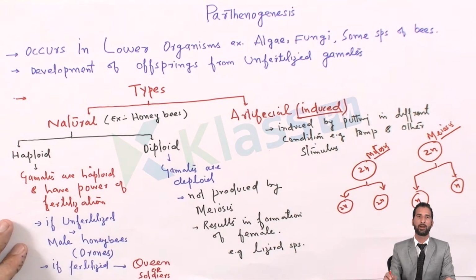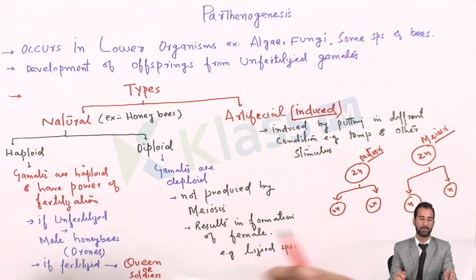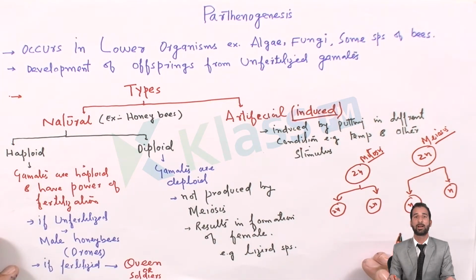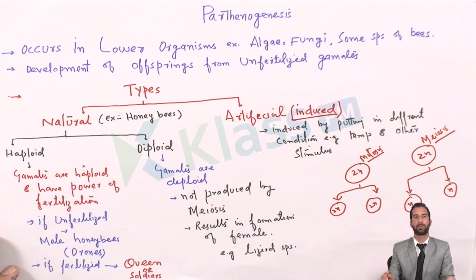But if this haploid gamete undergoes fertilization, it results in the development of queens or workers. So haploid parthenogenesis is a type of parthenogenesis in which the gamete undergoes meiosis, but it may or may not undergo fertilization. If it remains unfertilized, it results in the male honeybees, called drones.